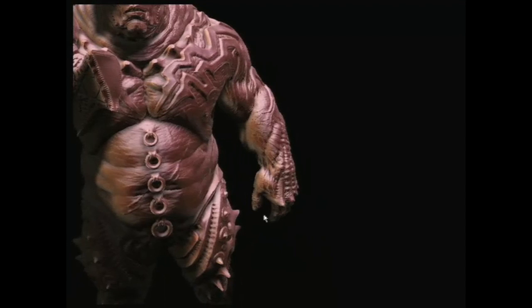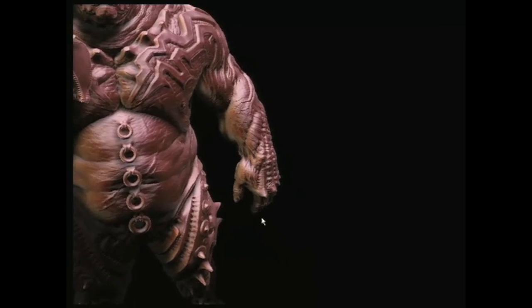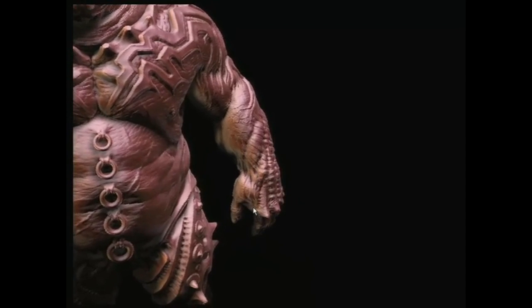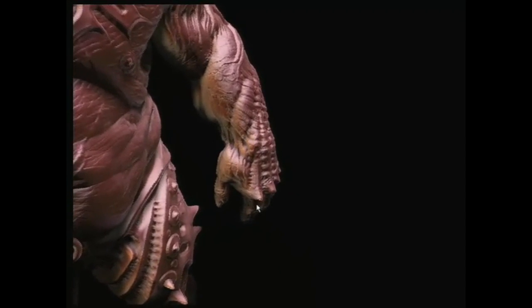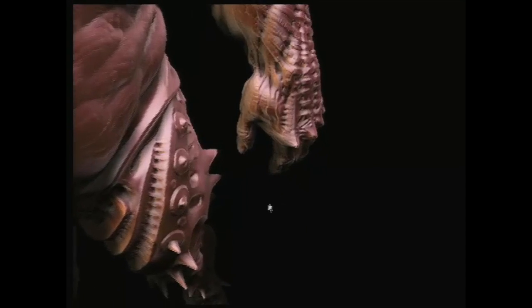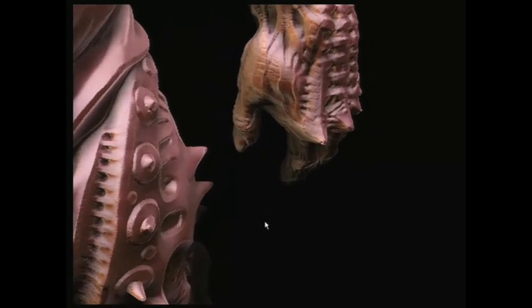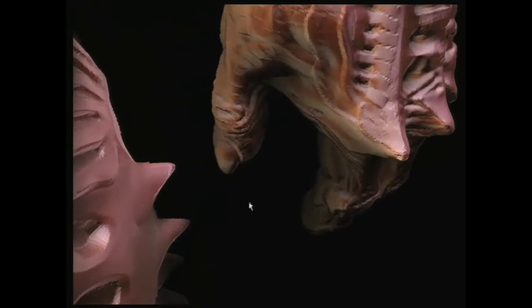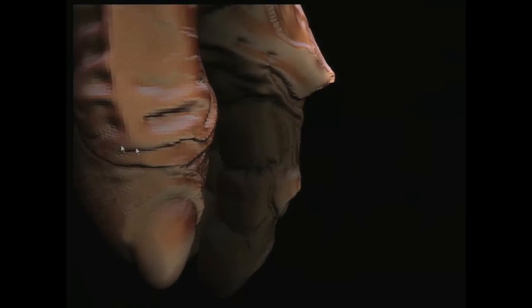Now I'm going to zoom in on his hand, and you can see all the nails and wrinkles on his hand that the artist put into the model. And you can actually zoom into the detail there. I'm sorry for the crappy mouse.